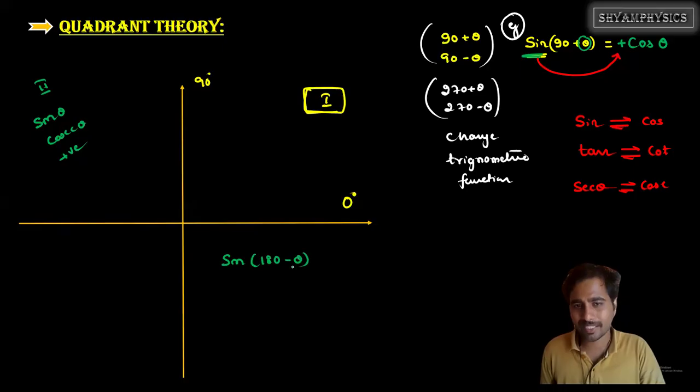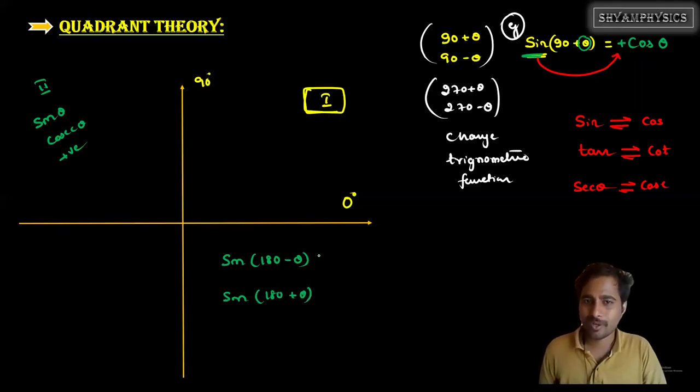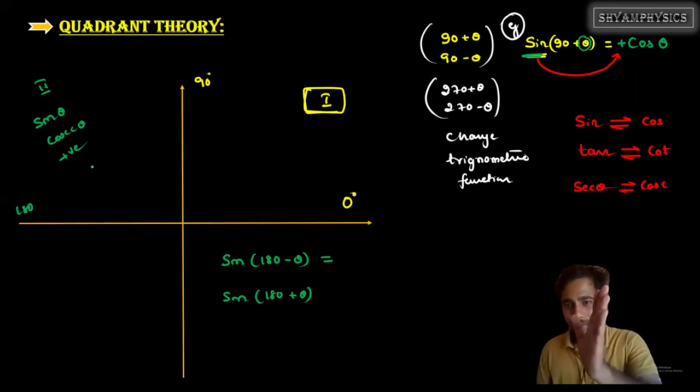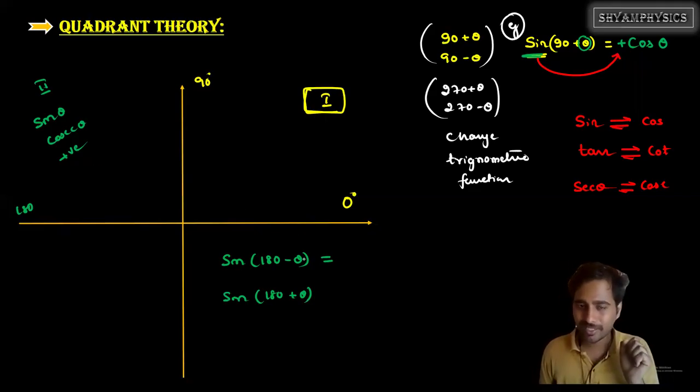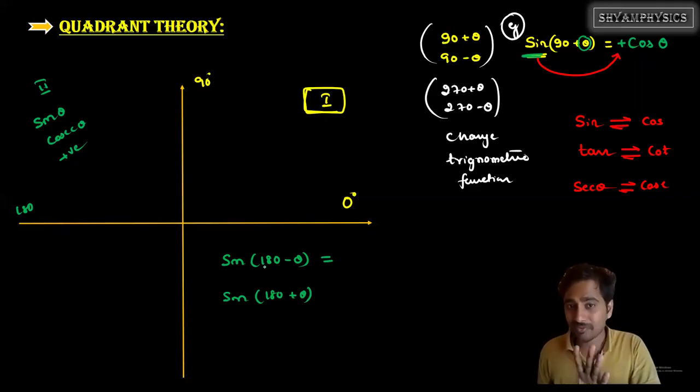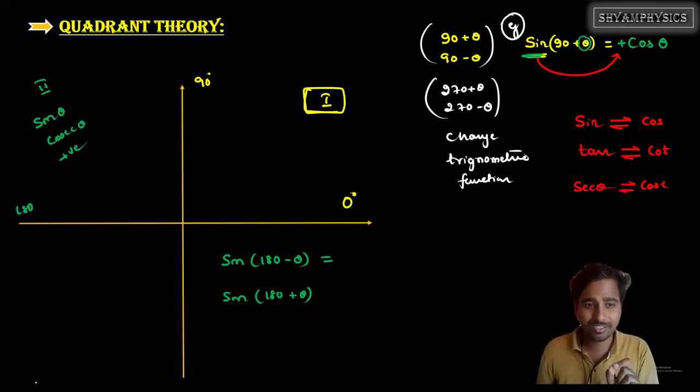For example, I will say here sine 180 minus theta. Or else, sine 180 plus theta. 180 minus theta means it will come in the second quadrant itself. Correct? Whenever 180 comes, you need not change the trigonometric function.